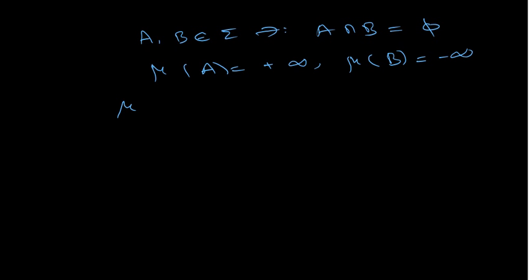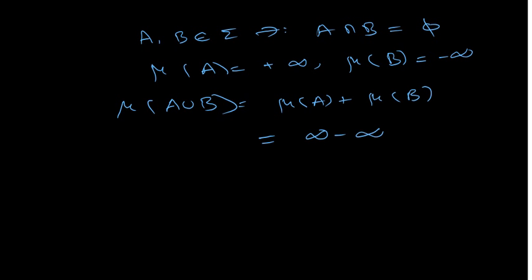Then what will be mu of A union B? It's equal to mu of A plus mu of B, because it's sigma additive, so it should be finitely additive also. This is plus infinity minus infinity.